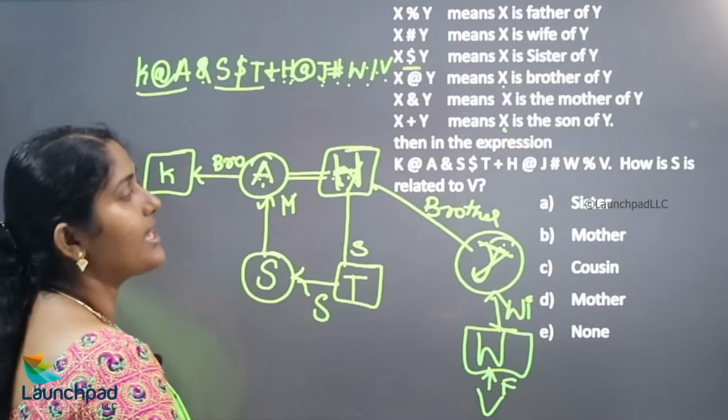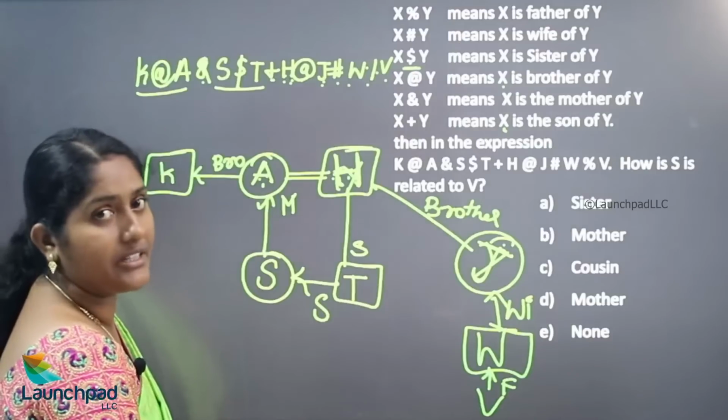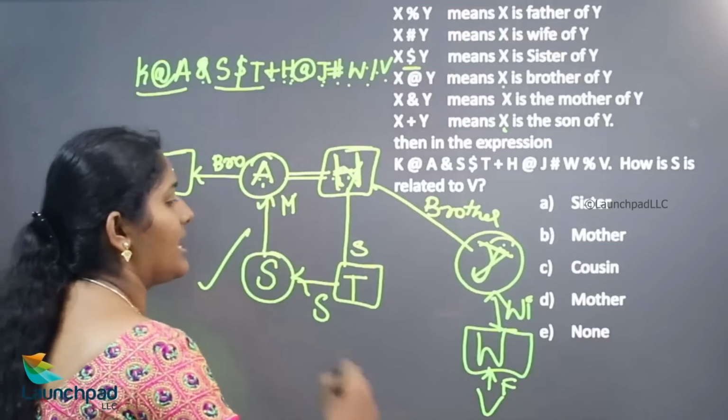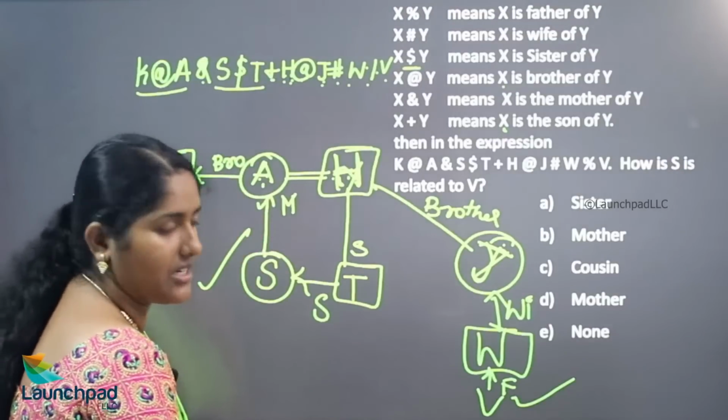Now your question is, how is S related to V? Here S and here V, so these persons are third generation.